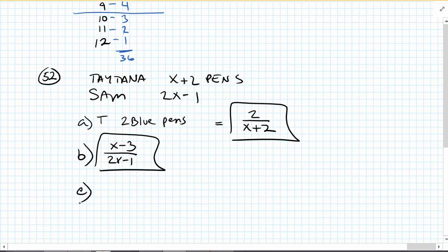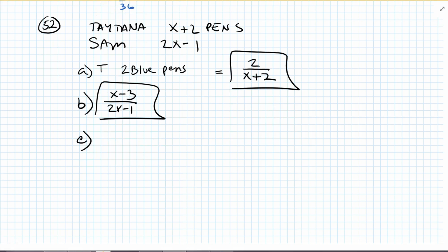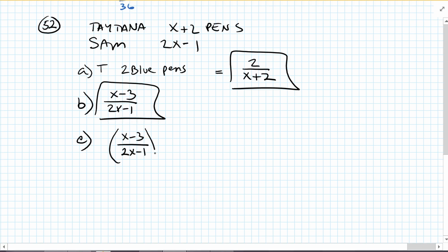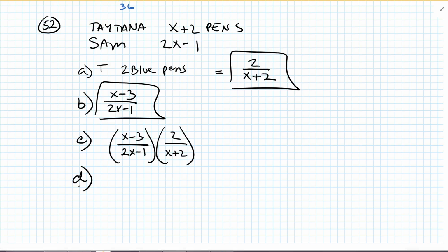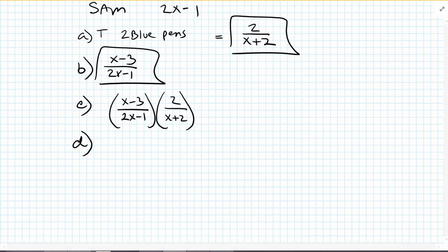C. Find the probability that both Tatana and Samuel pull out blue pins at random. So we're going to have X minus 3 over 2X minus 1 times 2 over X plus 2. Okay, just multiplying them. D. Find the probability either of them pull out a blue pin at random. So now we do the OR statement.